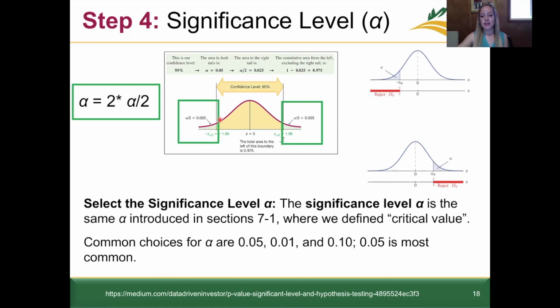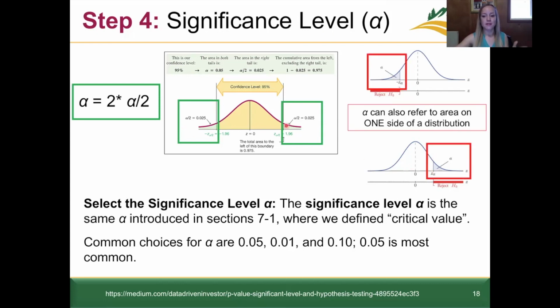For example, here we have alpha all concentrated on the left tail of the distribution. Similarly here, alpha is all concentrated on the right side of this distribution. So from chapter 7, we saw this meaning of alpha, but also know that alpha can refer to an area on one side of the distribution.